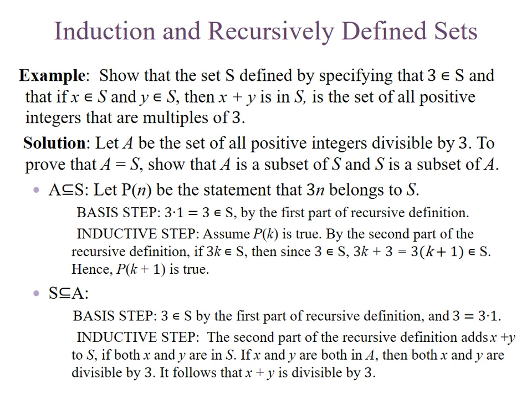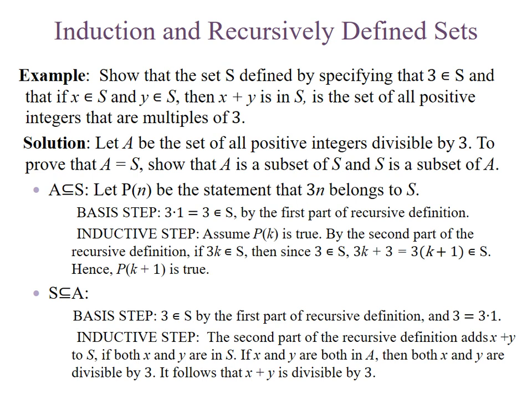P of k is true. That means 3k is in S. We assume this is true. Okay, and then let's see what P of k plus 1 is. Actually, P of k plus 1 is 3 times k plus 1. It's 3k plus 3.